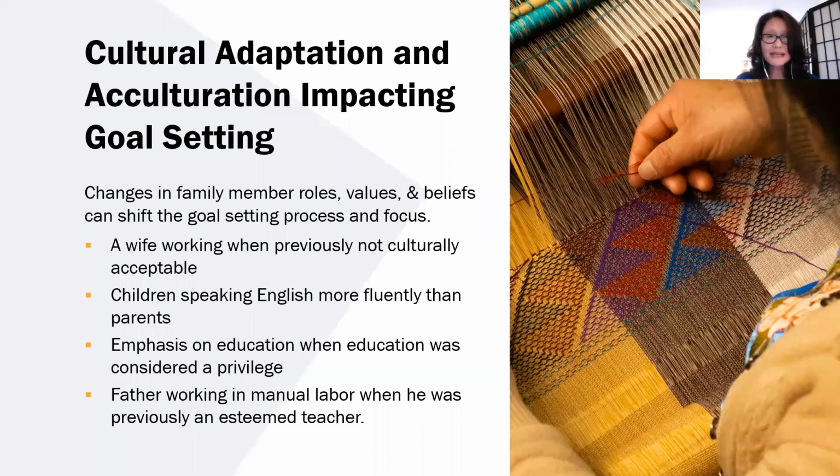So cultural adaptation and acculturation impacting goal setting. Changes in family member roles, values, and beliefs can shift the goal setting process and focus, obviously. For instance, a wife working when previously not, when it was culturally not acceptable for them. Children speaking English more fluently than parents may shift roles and power dynamics that we have to consider.